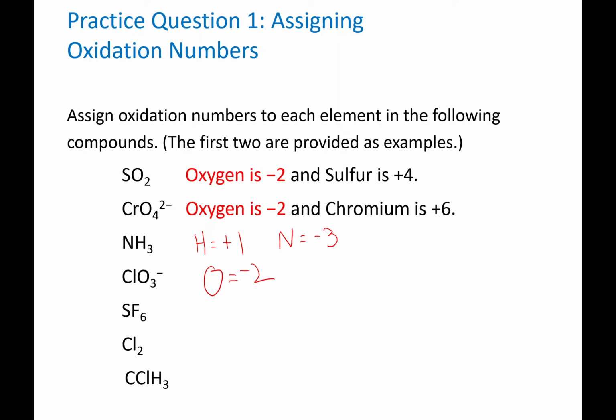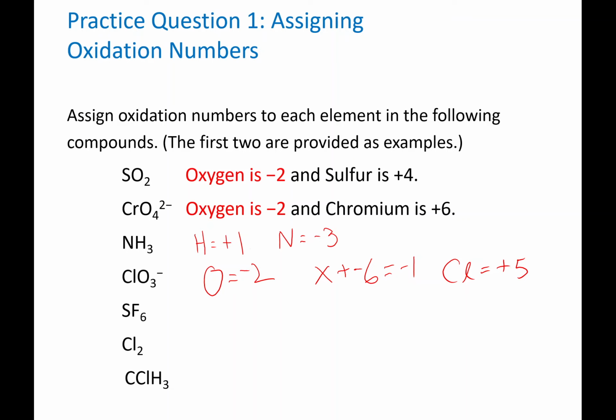We can set up our little expression: X is the oxidation number of chlorine plus -6 for the oxidation numbers from the 3 oxygens has to equal -1. We can do the algebra here, and when we do that, we get that chlorine has to be a +5 oxidation state.